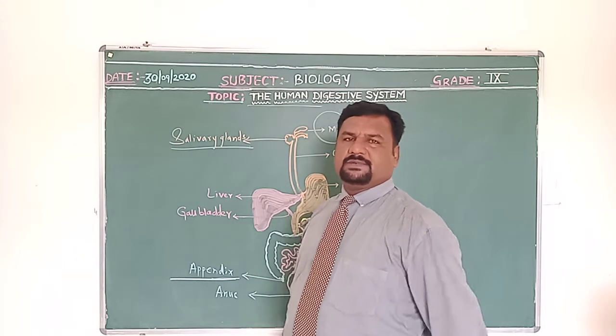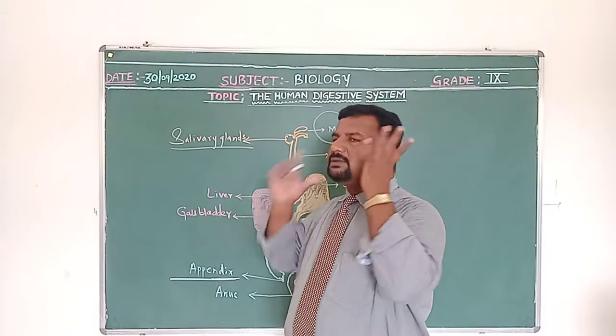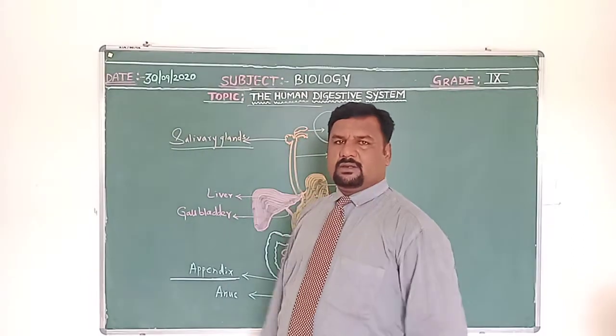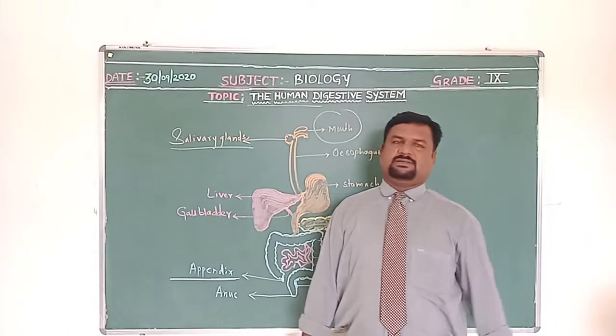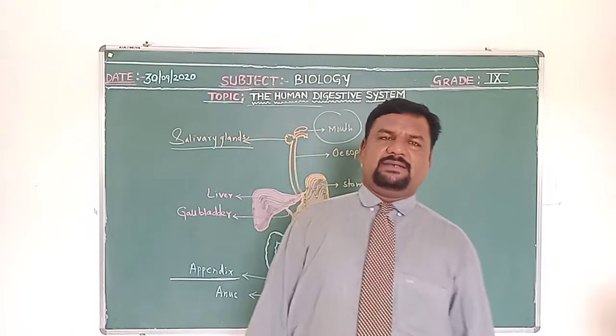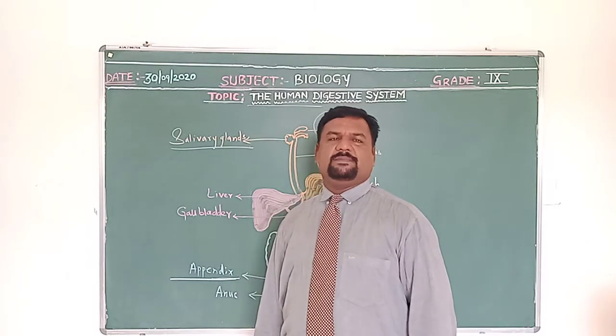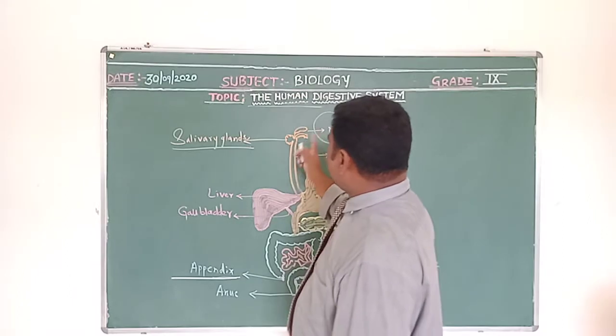Where is the location of salivary glands in the body? The buccal cavity of the mouth, on either side. These are the 3 pairs of salivary glands present in the mouth.